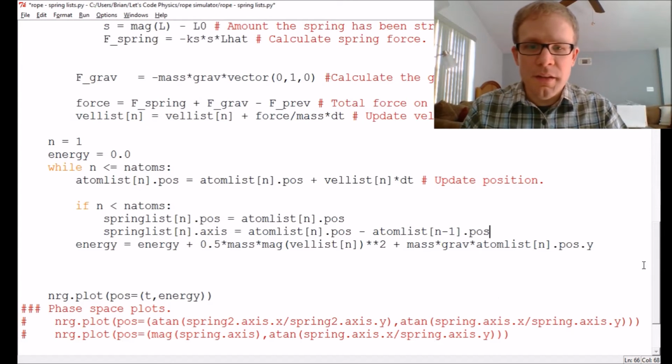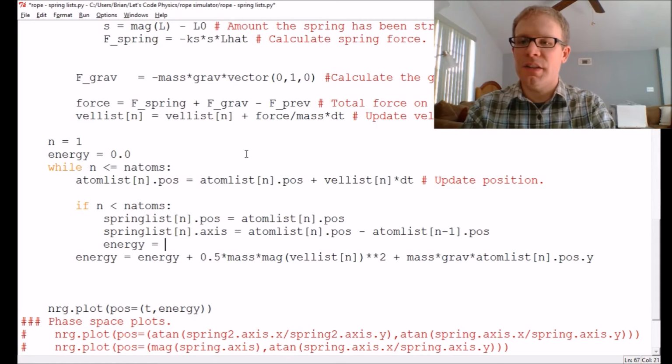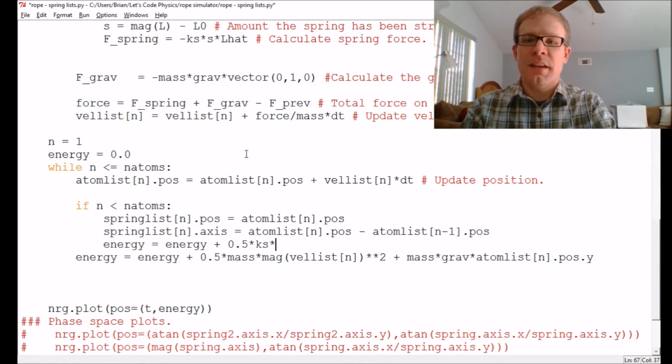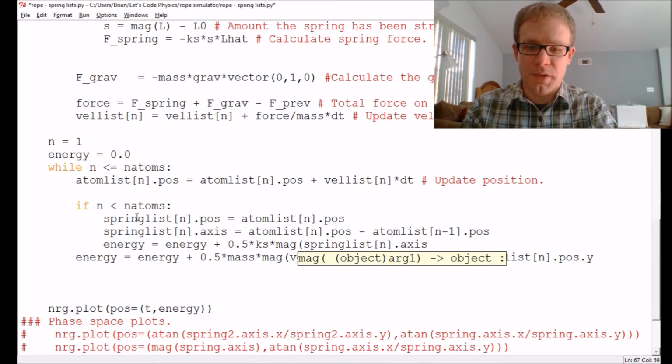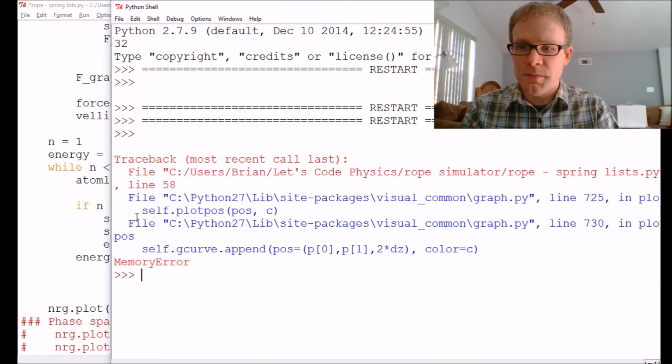But what I can do then is, instead of having to recalculate all those s's and everything, I can just say energy equals energy plus 1/2 ks times magnitude of the spring axis, because the spring axis is just the length of the spring, which is what I want. Actually, oops.